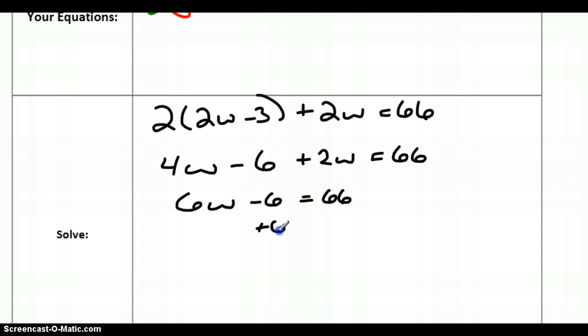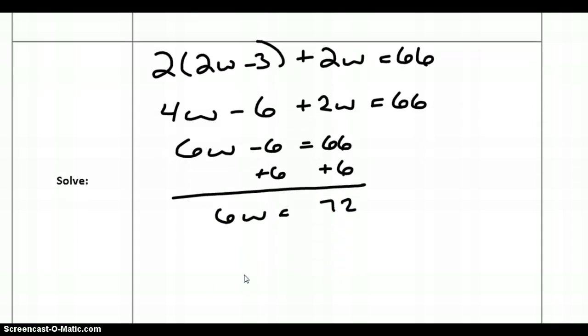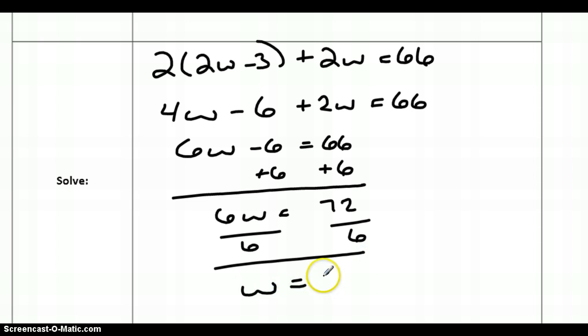And if I add 6 to both sides, 6W equals 72. So divide both sides by 6, and W equals 12. I think 6 goes into 72 12 times.